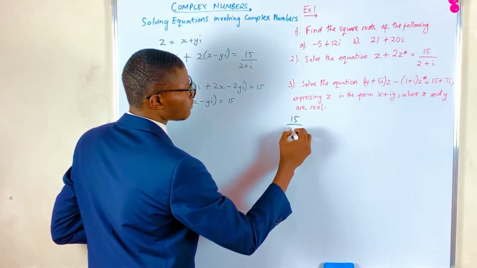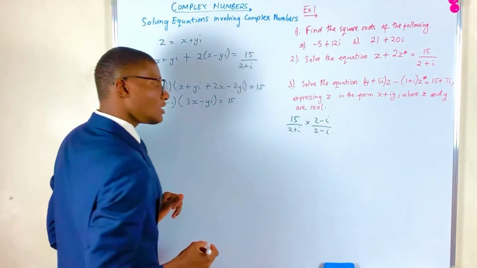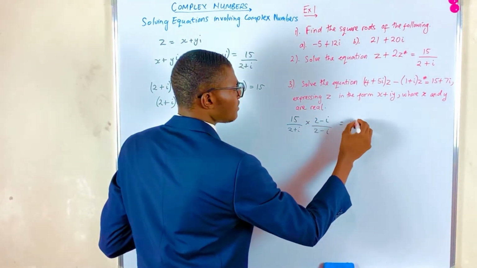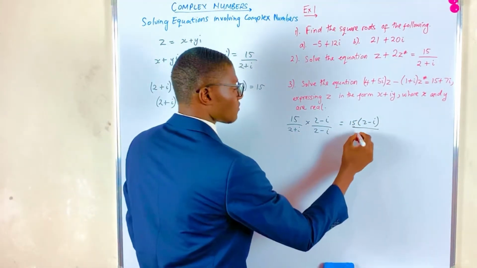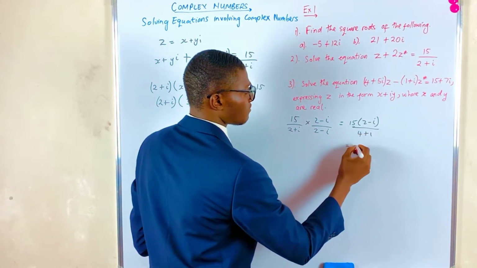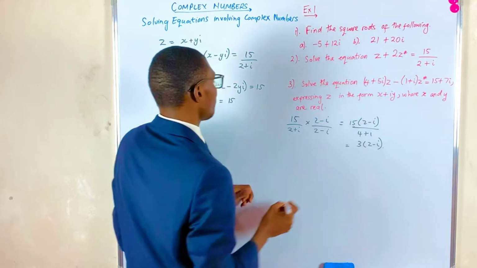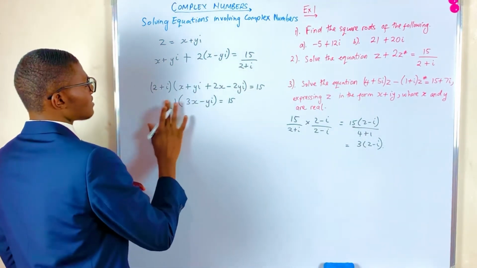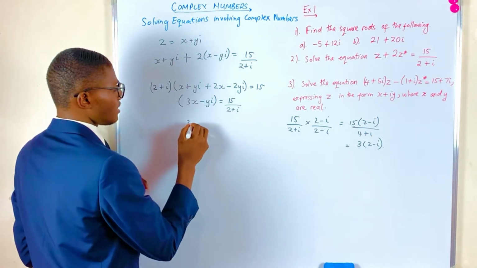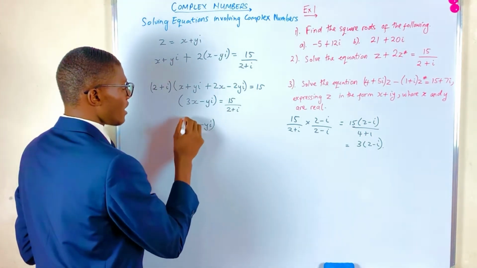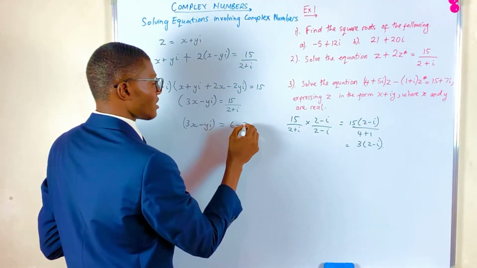So 15 over 2 plus i, we multiply by the complex conjugate of the denominator, we get 15 times (2 minus i) over 4 plus 1, which is 5. And then 5 into 15 is 3, so 3(2 minus i). So I would rather leave it this side, then say 3x minus iy is equal to this, which is 6 minus 3i.